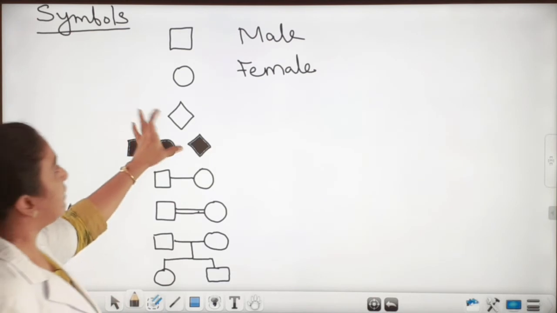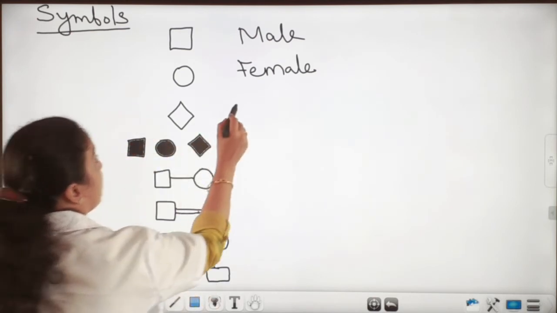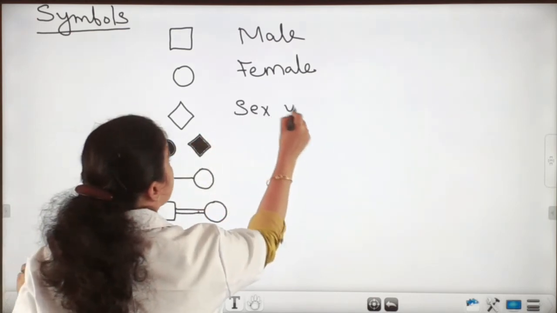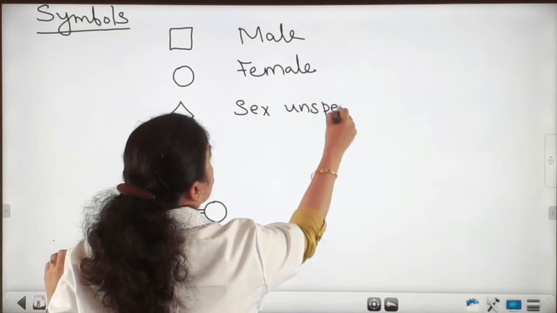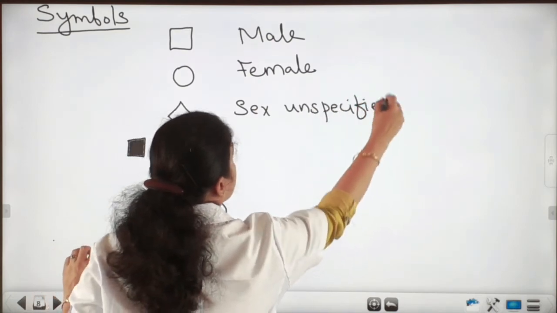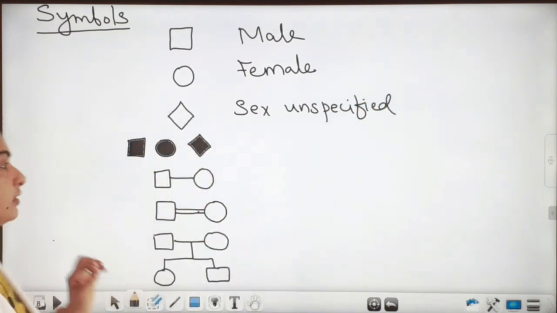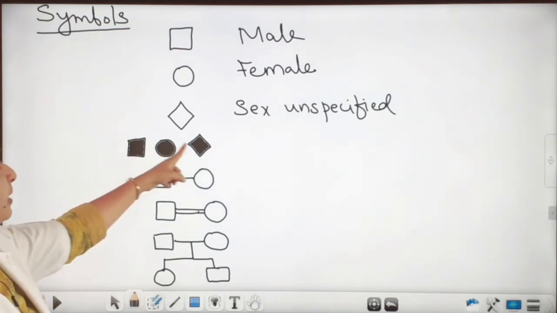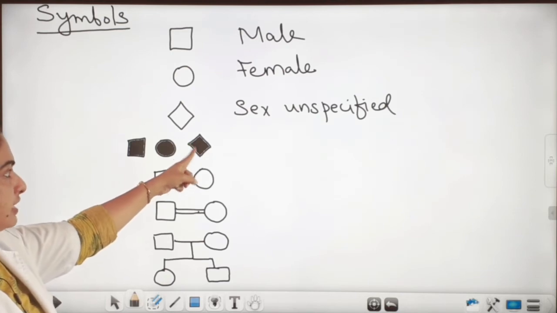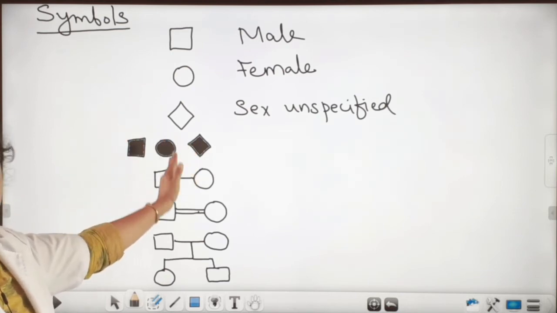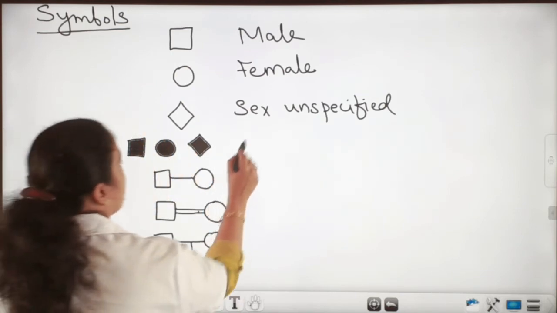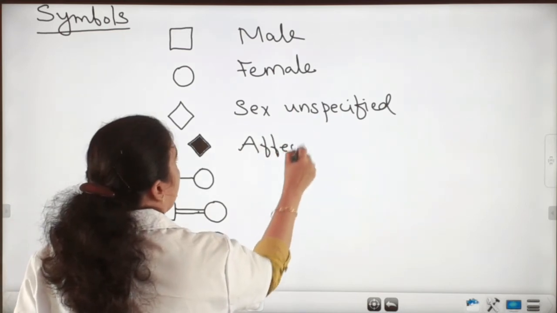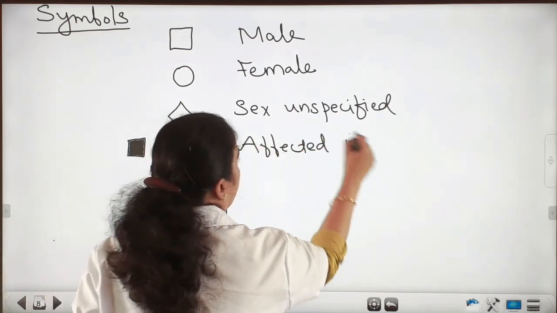This diamond shape represents sex unspecified. Here this is a male, this is a female, and this is the unspecified sex. These are the affected individuals.